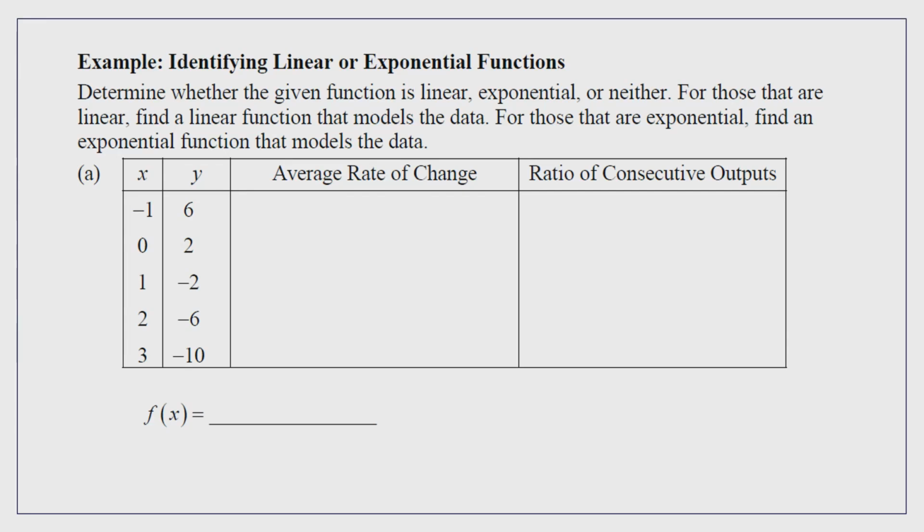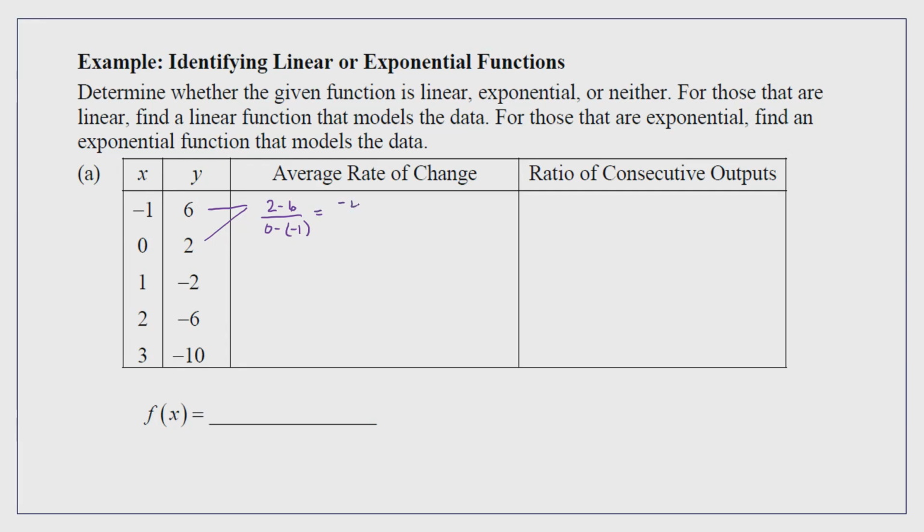Okay, so let's first find the average rate of change. So let's first look at our first two sets. So these two. Okay. So to find the average rate of change, or in other words, the slope, we'll take the difference of the y divided by the difference of the x coordinates.